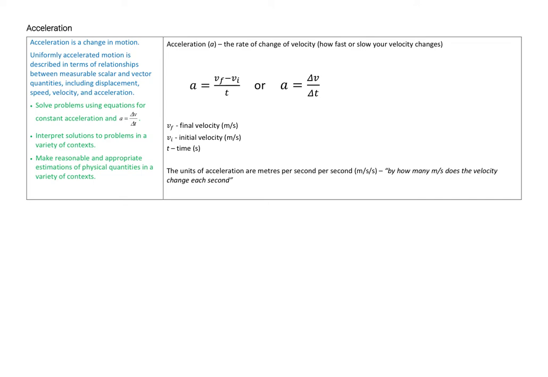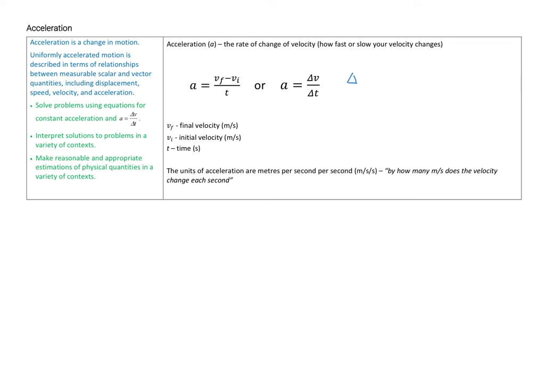Let's talk about, because I didn't define these very well. So acceleration is a, vf is your final velocity, vi is your initial velocity, t is the time for it to change. Sometimes we use delta v, because delta v is change in v. I probably should write that down.